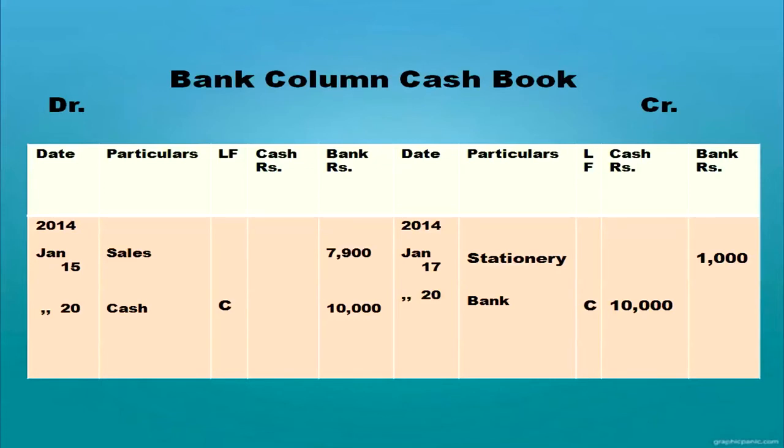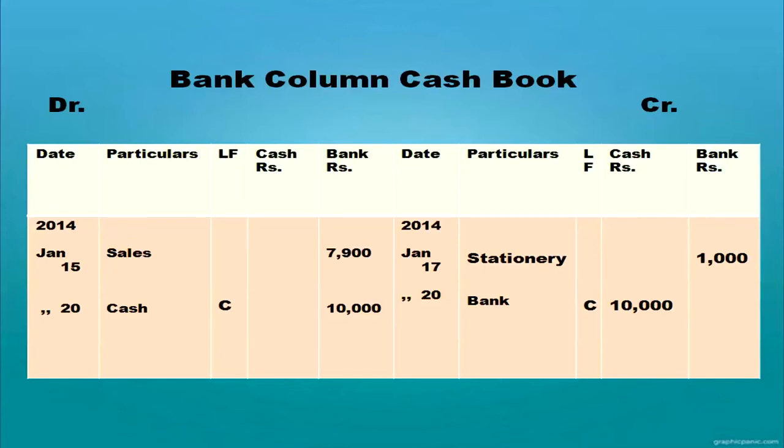January 17th, paid stationery and payment is made by check. So, by stationery, amount in the bank column. Cash is deposited in the bank. Entry will be bank account debit to cash. So, on the credit side by bank, debit side to cash.